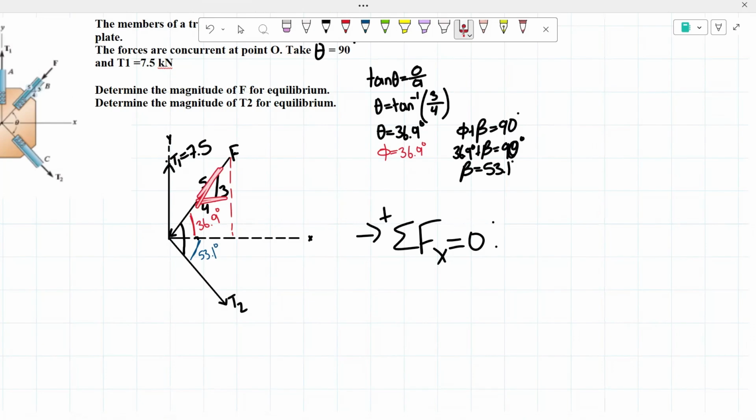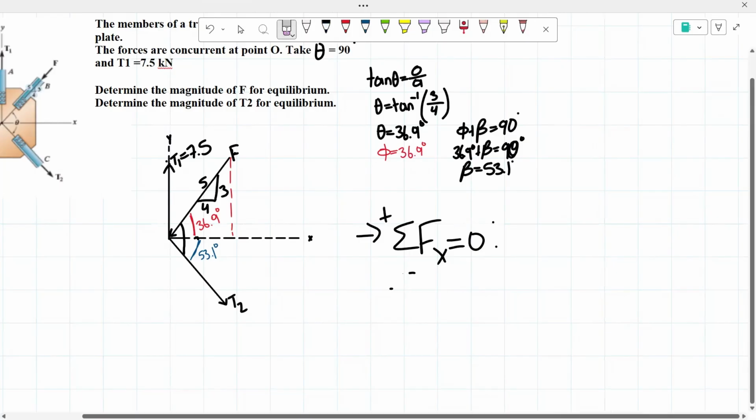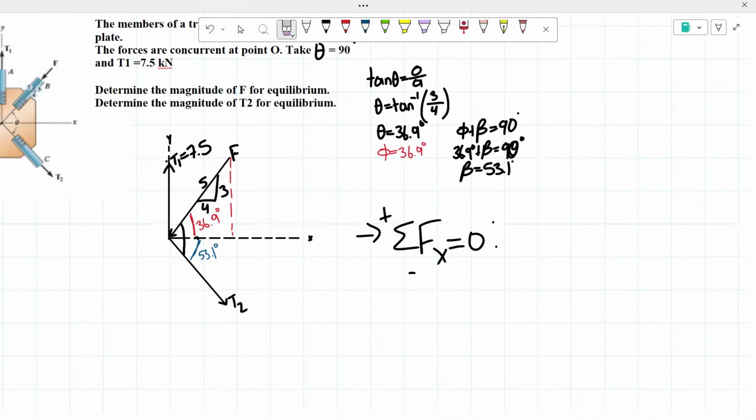Remember that if we are looking for the x component, anything going to the right is positive, anything going to the left is negative, and this is slanted to the left, which is why it's going to be negative. So we have negative f times, actually, I'm sorry. Now that we are given the angle right here, instead of using the 3, 4, 5 triangle, we're going to be using the angle.